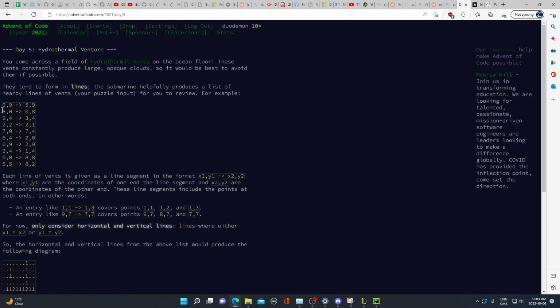Okay, so among the input where the elements are only horizontal and vertical lines, I just go through each line and see what coordinates they take up, and then I have a count for each coordinate. Every time a coordinate has a hit, plus 1 to the count.